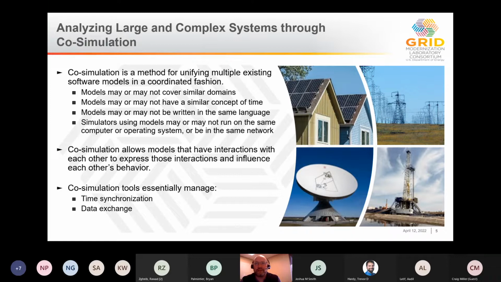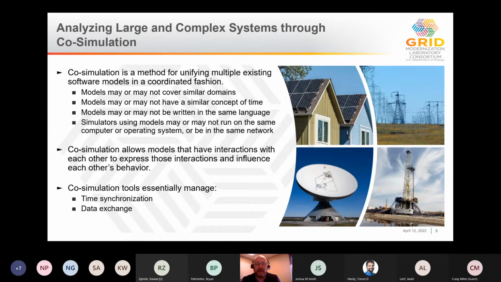So just a clarification on what we're talking about when we're talking about co-simulation. It's really the idea that we're trying to analyze large and complex systems by unifying different code bases. It's basically the idea that you could build an Uber model that will combine domains and look at a whole bunch of different things. But in this case, we're actually looking at ways of bringing existing software models in different domains and concepts of time all together in a coordinated fashion.